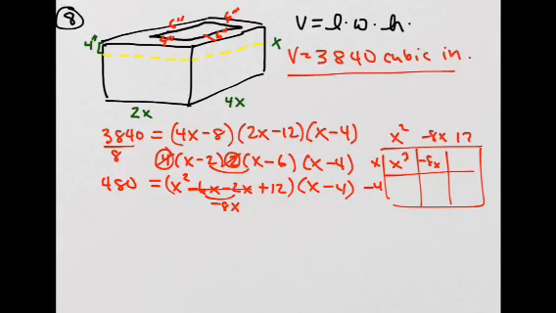So negative 8, I was multiplying here, so that gives you negative 8x squared, and x times that's 12x. The next row, negative 4x squared, 32x, and negative 48.